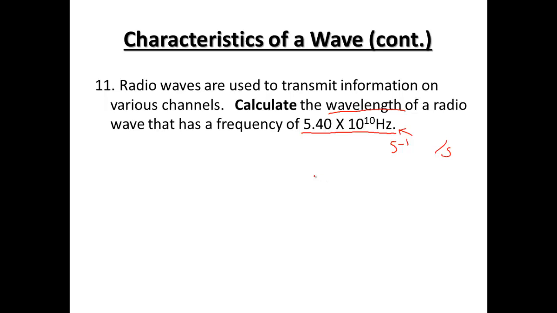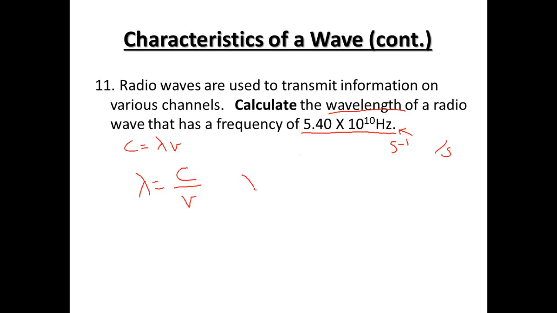Our original equation that we're starting with is c equals lambda times nu. We're solving for wavelength, so we're going to rearrange the equation. We always need to start by showing our equation. The wavelength is equal to the speed of light divided by the frequency.